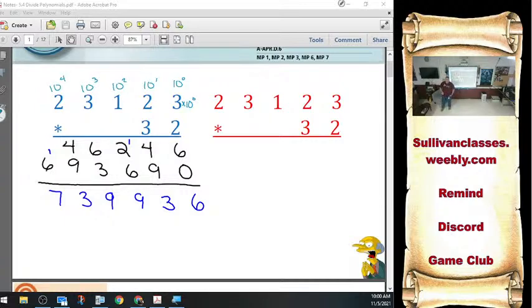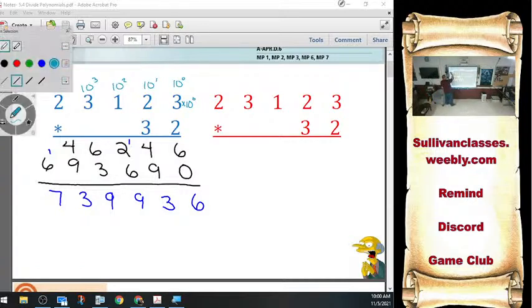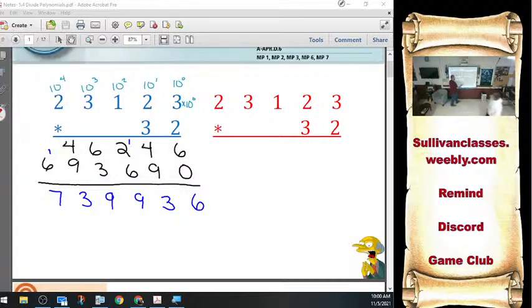So if I can multiply together things like this, because it keeps my place values lined up and organized, then I can also do it with x to the 4th, x to the 3rd, x squared. Okay. I can multiply together polynomials the same way.